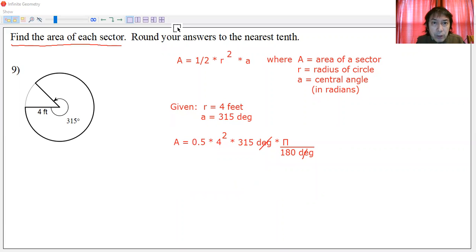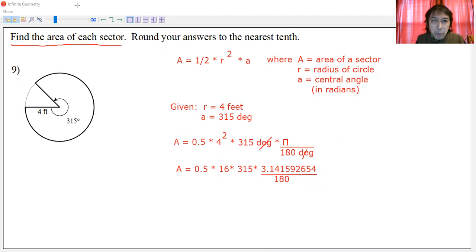And we shall retype: area of sector is 0.5 times 4 squared, which is 16, times 315 times the value of pi, which is 3.141592654, and then we shall divide this by 180. So the divisor 180 is right there.